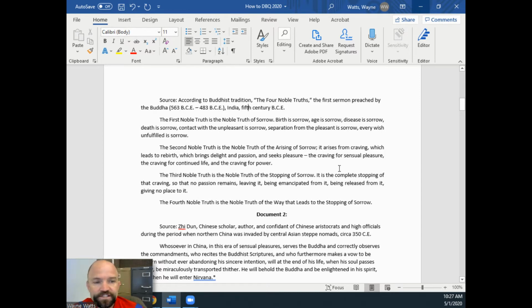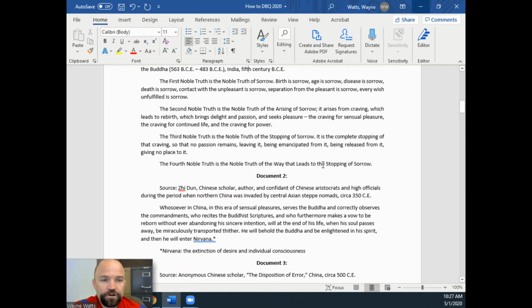Contact with the unpleasant is sorrow, separation from the pleasant is sorrow, every wish unfulfilled is sorrow. The second noble truth is the noble truth of the arising of sorrow. It arises from craving, which leads to rebirth, which brings delight and passion and seeks pleasure, the craving for sensual pleasure, the craving for continued life, and the craving for power.